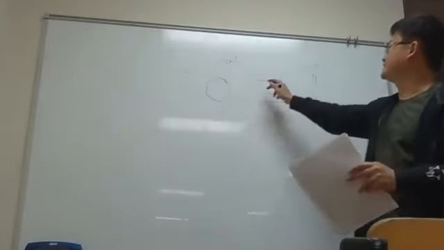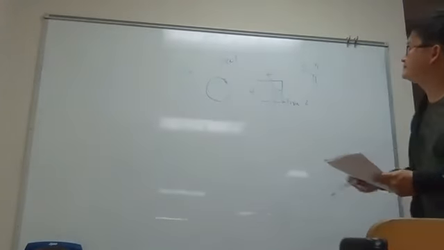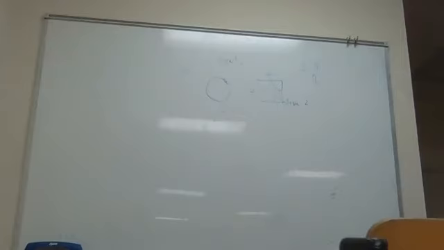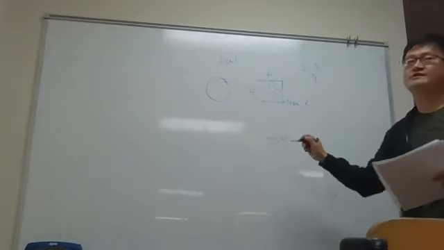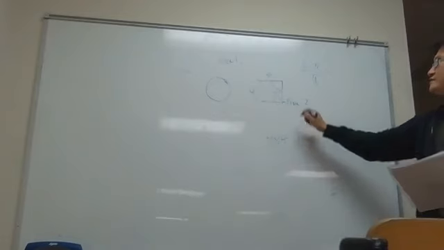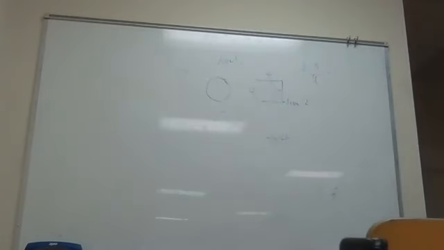What's the length of the square side? The radius equals 2, so 2 plus 2 is 4, a 4 by 4 square. So area 2 will be the bigger square minus 4 of these smaller quarter circles.